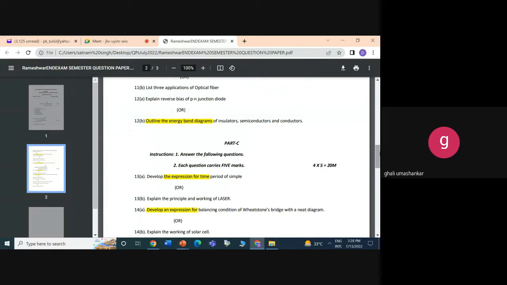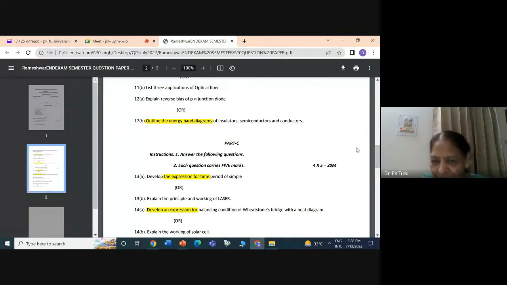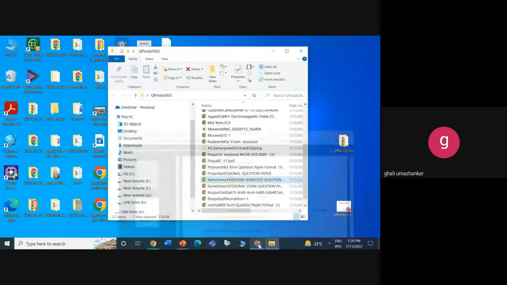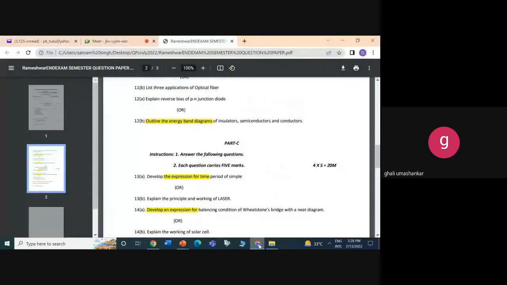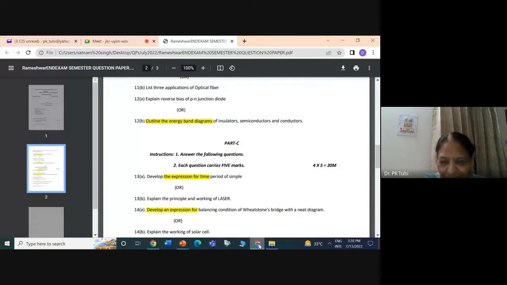Derive the expression for time period of simple pendulum. Your voice is not audible. So some word is missing here. Period of simple, something is missing. Yes. Derive the expression for time period of simple pendulum. Pendulum. Okay. So that part is missing here.